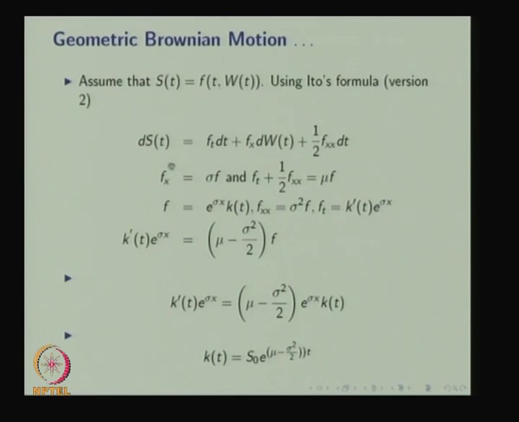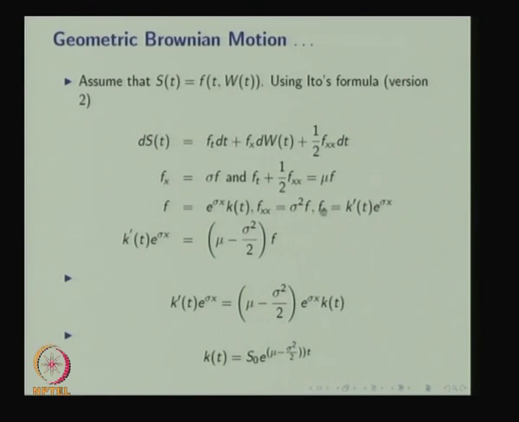You can take a second partial derivative with respect to x, therefore you will get f_xx is sigma square f, and here you can take a partial derivative with respect to t, therefore you will get k dash of t e power sigma x.